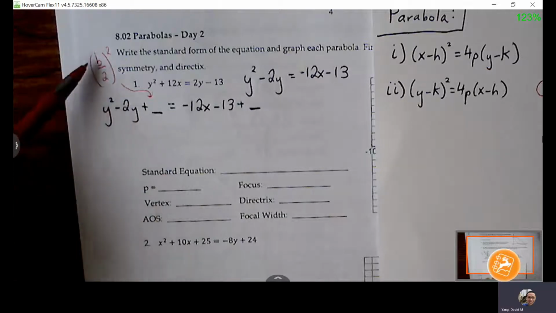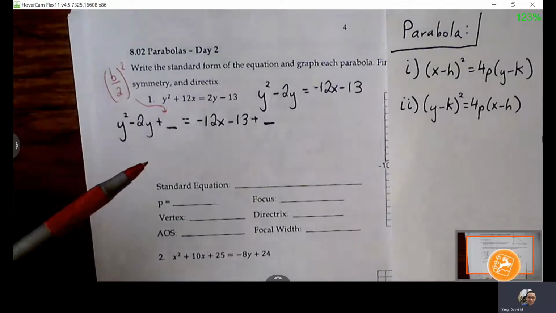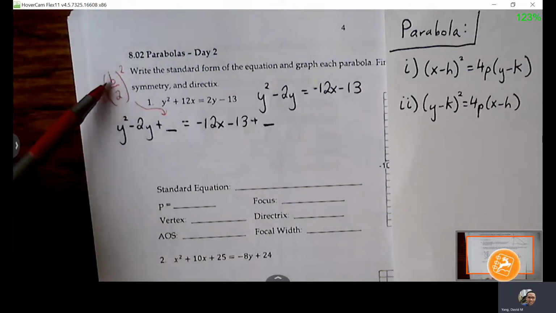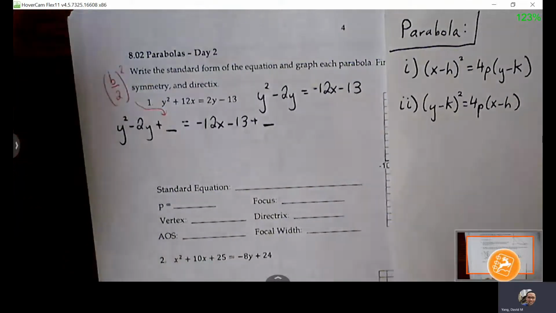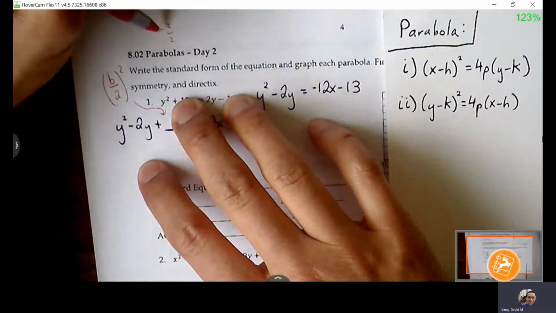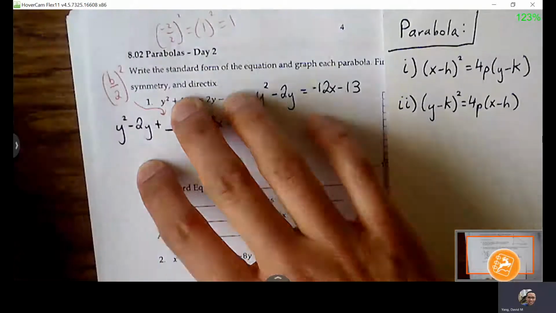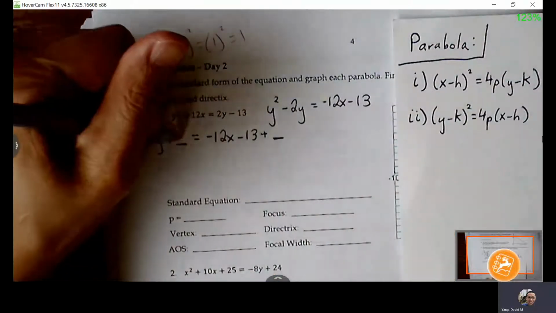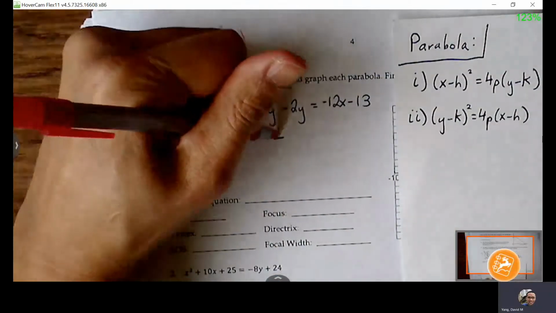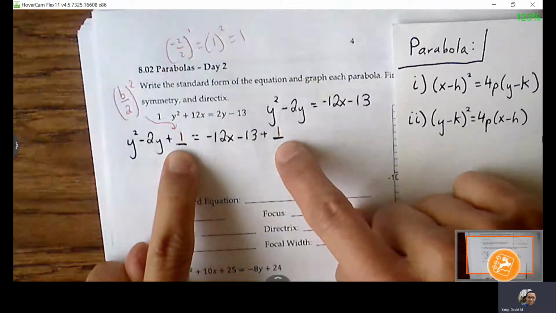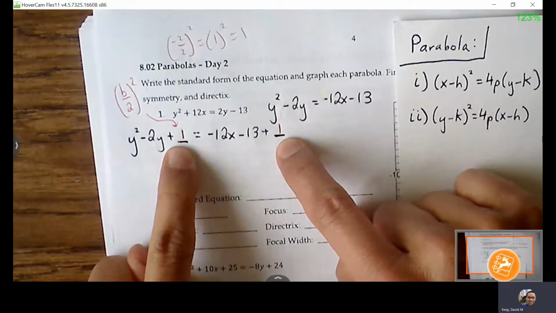We can ignore the negative because we know that ultimately, the fact that it's being squared, it'll still end up being positive. But we can do that. What's -2 over 2? Yeah, and what's -1 squared? 1. So that's going to go inside the space. Whatever you put on one side, you're also going to put on the other side. And these values will always be positive. Okay, always be positive.